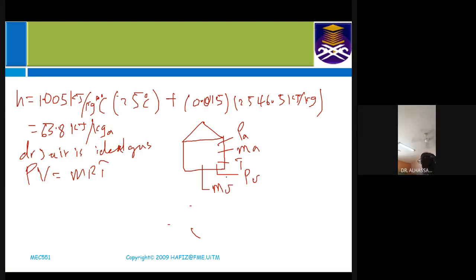If we consider the dry air component alone, one thing you need to know is that the total volume occupied by the dry air should be equal to the total volume occupied by the water vapor, and this should be equal to V. You understand me? Say you are staying at home in your study.